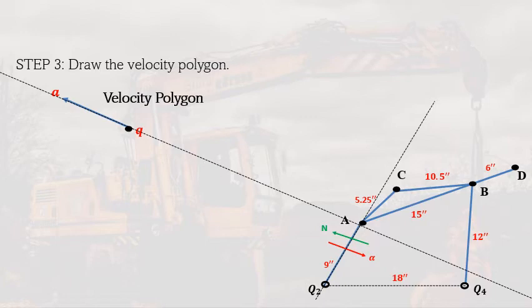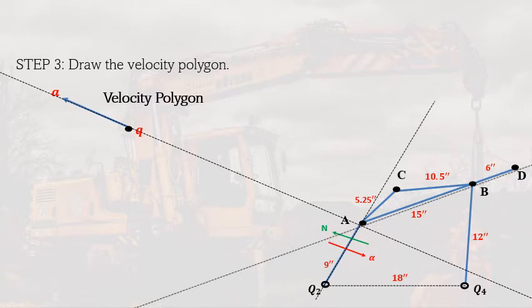We know its direction because it is connected to Q4, which is an axis of rotation. If a point is connected to an axis of rotation, the direction of its velocity is perpendicular to that link. That's why the direction of B is perpendicular to Q4B.